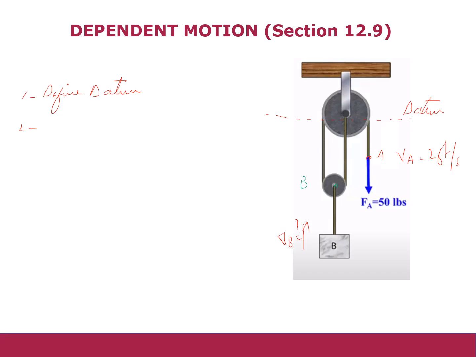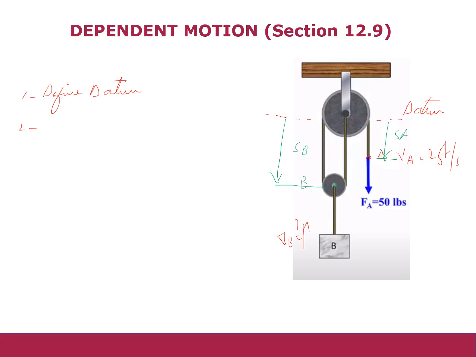So initially, if it is at the position at this point, we are marking it with SA, right, and we are marking it with SB, right? So that is how we have defined the position of the objects which are moving away from and towards the datum.